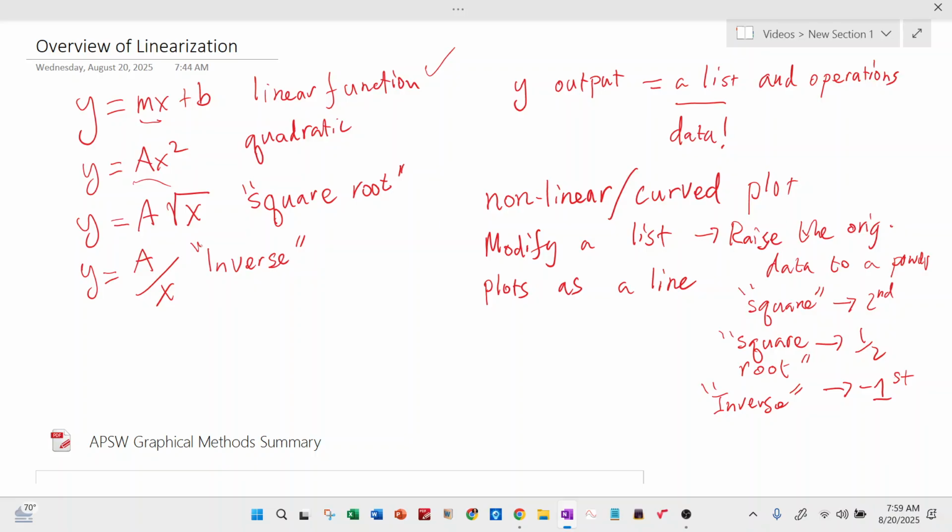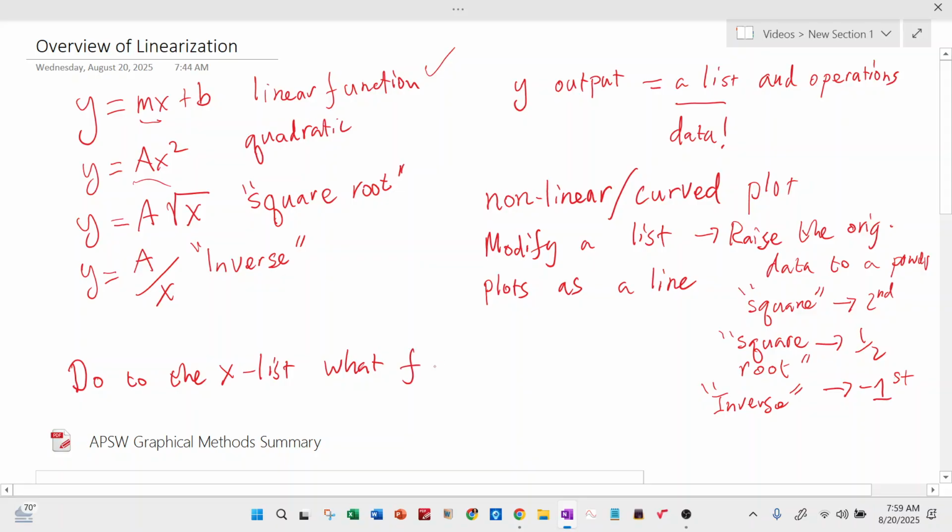So what we want to do is either do to the x list what we think the function is doing, or I should say, we don't always know what the function is, what our guess of what the function is.